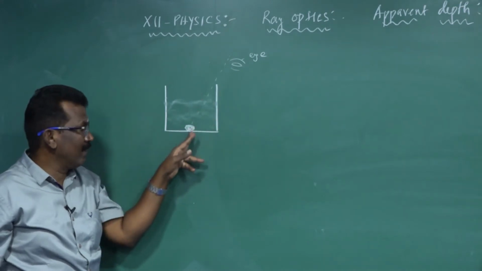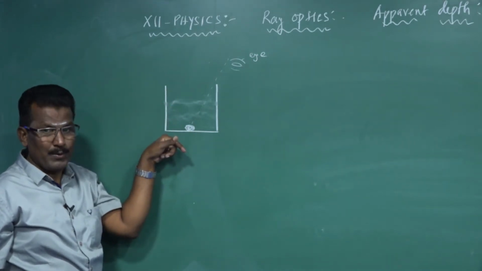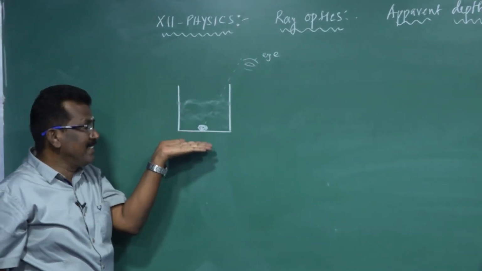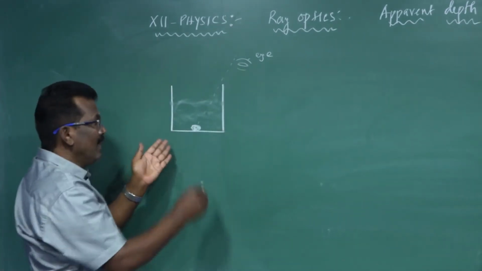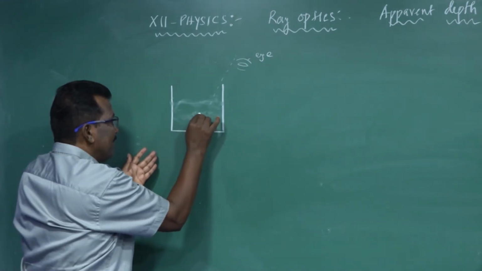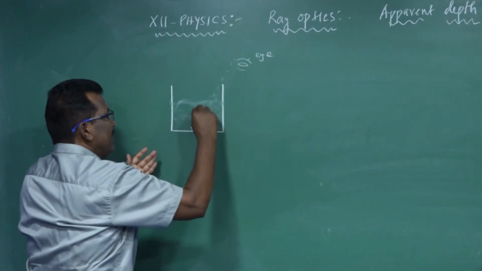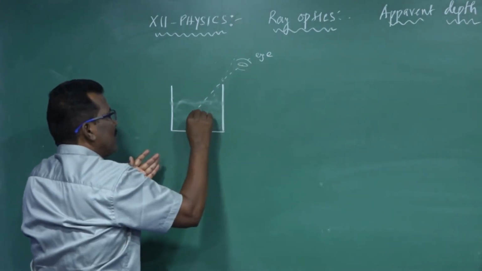Actually, without water, the object is placed at the bottom. When water is poured, the image of the object rises, and you could see the object. Now the object is maybe in this position. You can see the object.